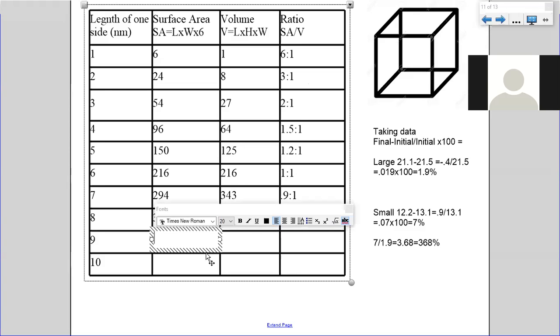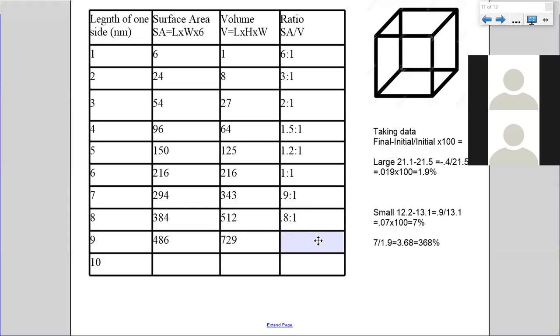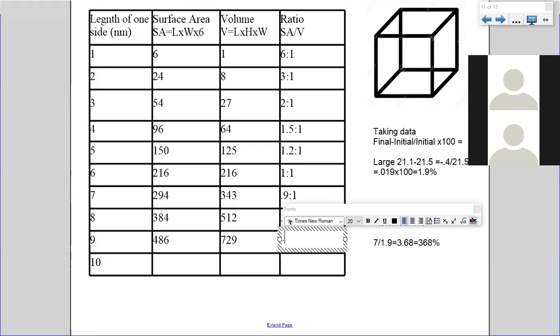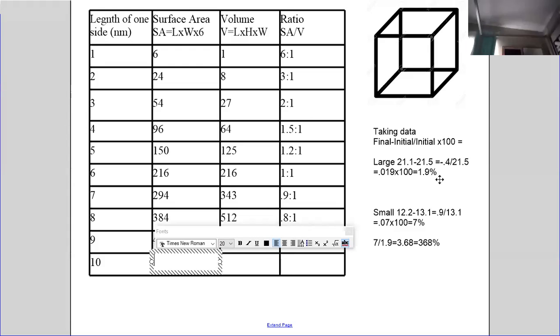to Daisy Aguilar. I got 486. 486. Okay. 729. 729. Okay. What's my rate? 0.7 to 1. Okay, let's go to the last one, which is the easiest of them all.